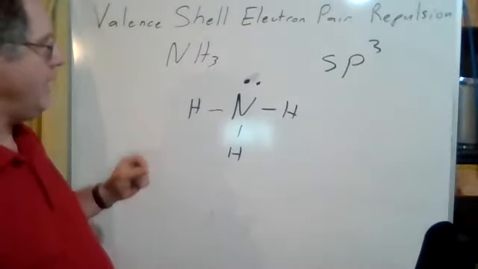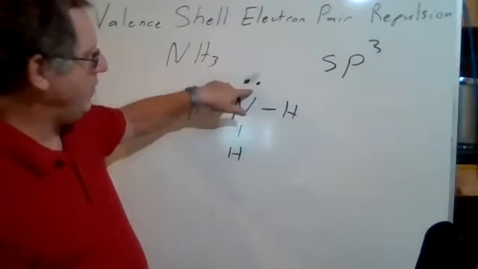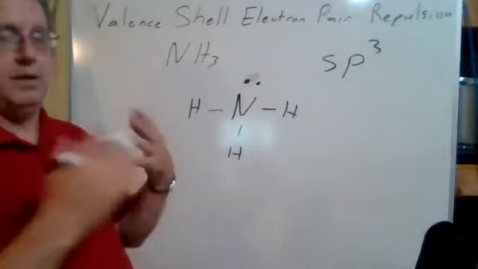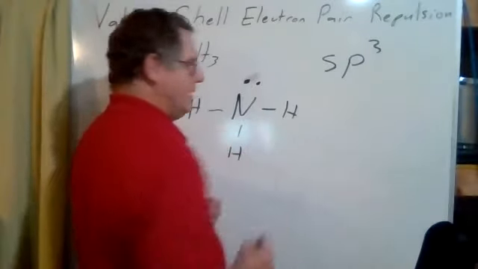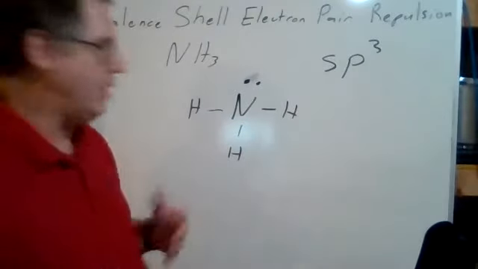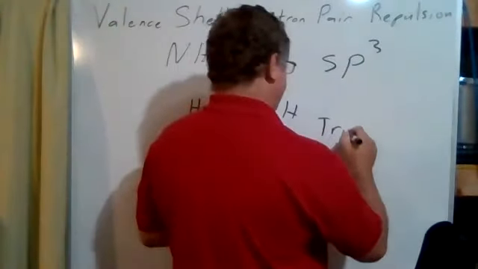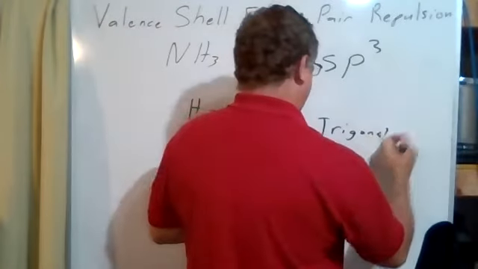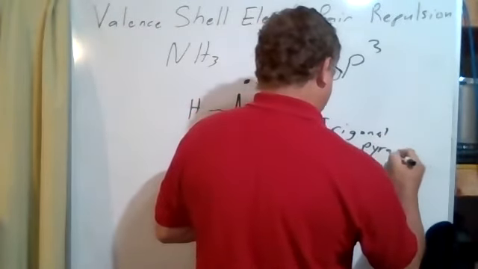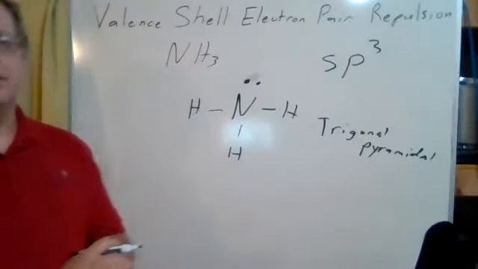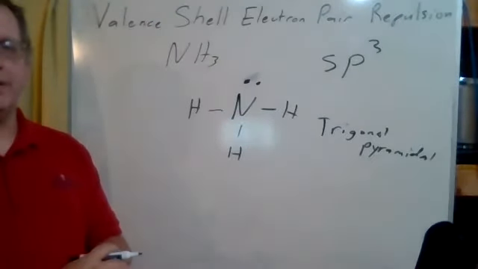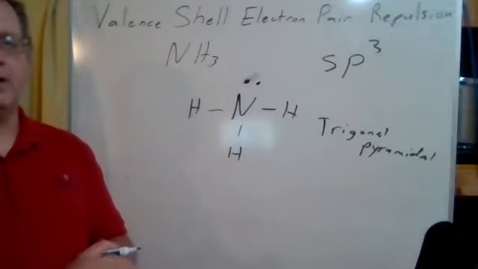But when I look at the molecular shape, there's no bond involved here. Okay, so the electron pairs are going to be in a tetrahedron, but these 3 are going to be in the bottom part of a tetrahedron that we call trigonal pyramidal. This is going to be a trigonal pyramidal arrangement here, not a trigonal planar.